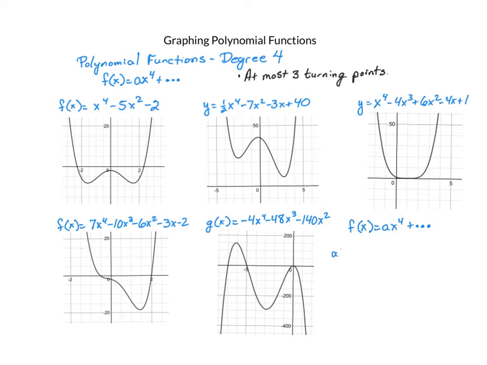If the leading term has a coefficient that is positive, generically speaking, our fourth degree polynomial is going to look something like that. We do know that it could be pulled out a little bit and take on this kind of a look, but generically speaking, we expect it to look like this. And if a is negative, in other words, the leading coefficient is negative, we expect it to look something like this.